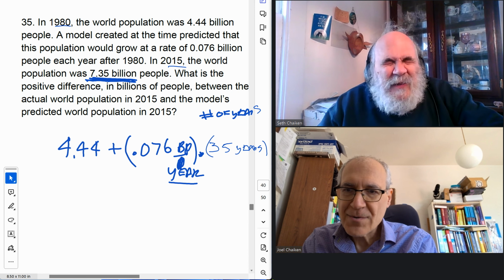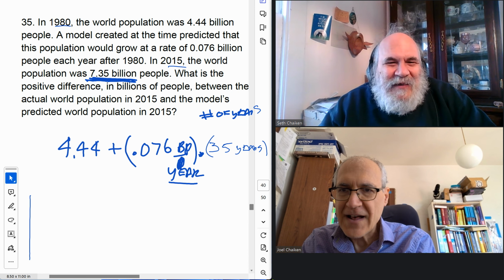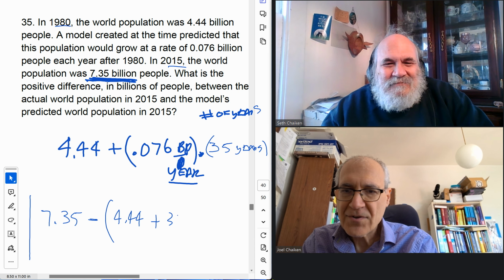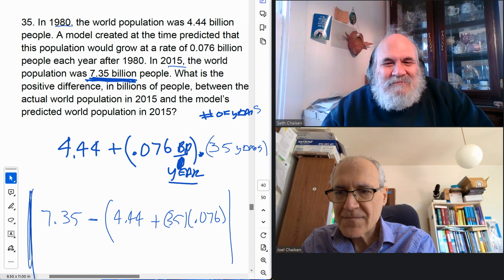So the answer to the question is the absolute value of the difference, 7.35 minus, and then 4.44 plus 35 times 0.076. And that is the answer to the question.